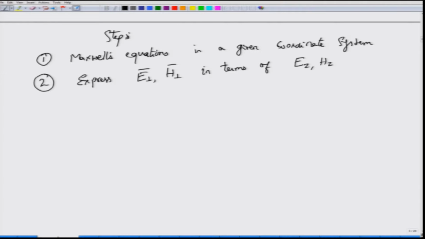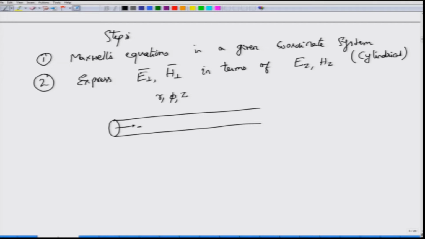The coordinate system that we are going to consider will of course be cylindrical, because this is an optical fiber that we are looking at, and in the cylindrical coordinate system you will have r, phi and z, and we assume that the fiber is uniform along the z axis. So this is the z axis and it is uniform along the z axis, by which we mean that if you take a cross section here, it would be a perfect circle. If you take a cross section here, that would also be a perfect circle. So this is the uniform assumption that we are going to employ.